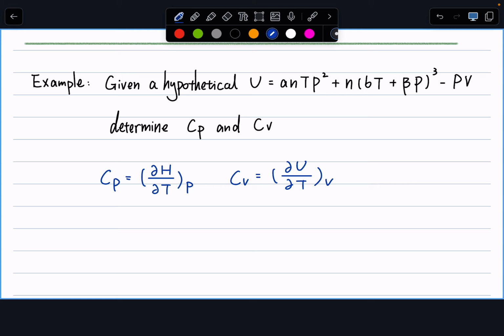So this first part should be a pretty straightforward calculus problem, right? We start by looking at what Cp is. That's the partial derivative of H over T at constant P. So we want to write out an expression for enthalpy. Reading the question together, we have an expression for internal energy, and we know enthalpy is by definition U plus PV. So we have H equals A N T P squared plus N times B T plus beta P to the third.